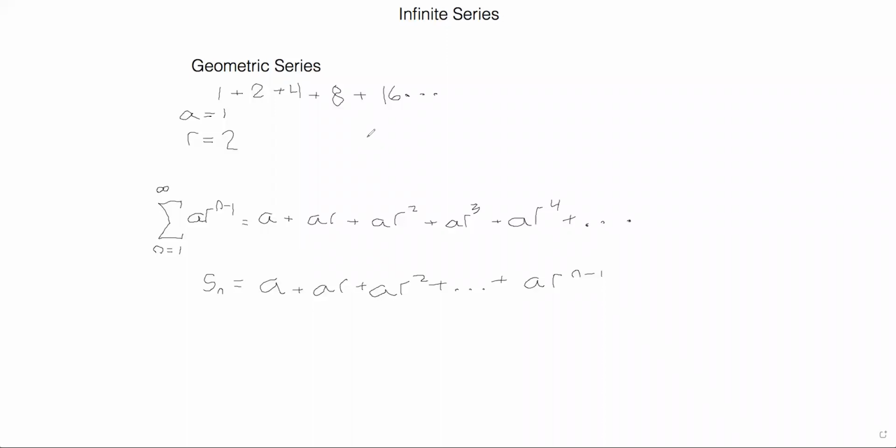So now let's see if we can find R times S of n. We already have S of n, so to find R times S of n, all we need to do is multiply every single element by R. So we would get A times R plus A times R squared plus A times R to the third power plus dot, dot, dot, plus, this time, the last element is going to be A times R to the n.